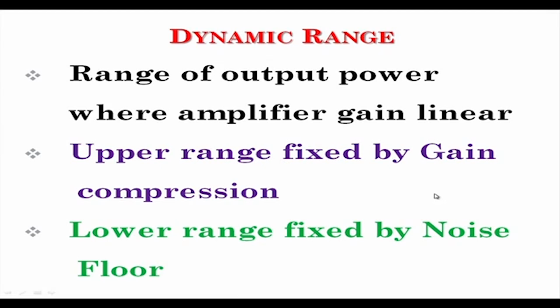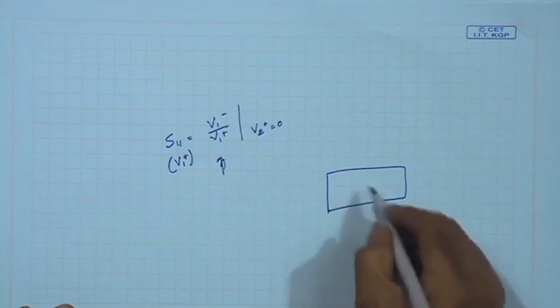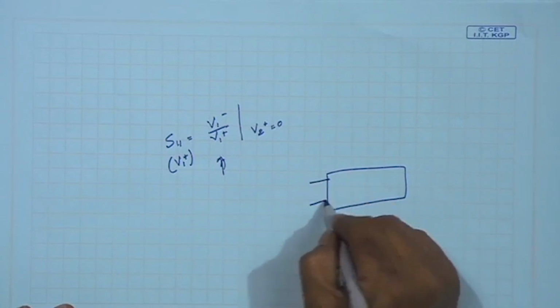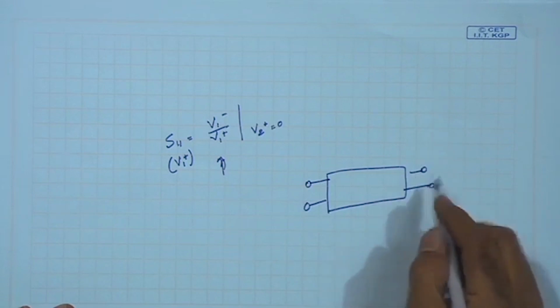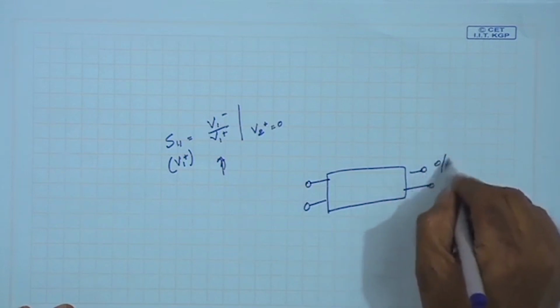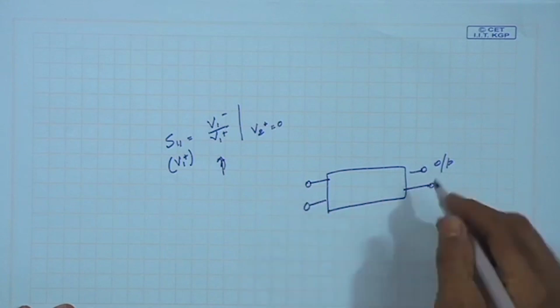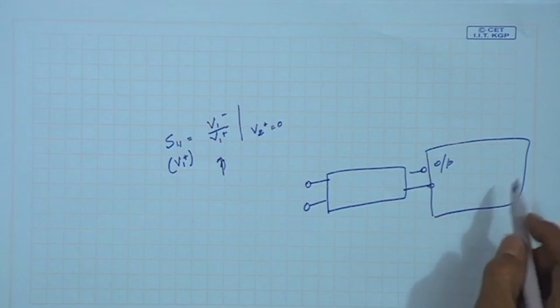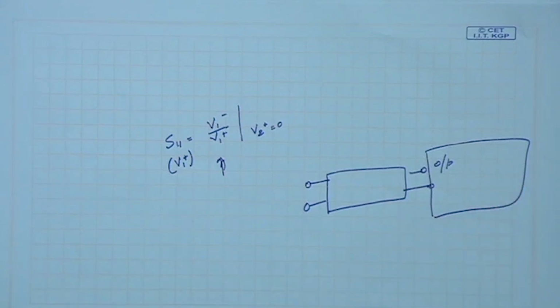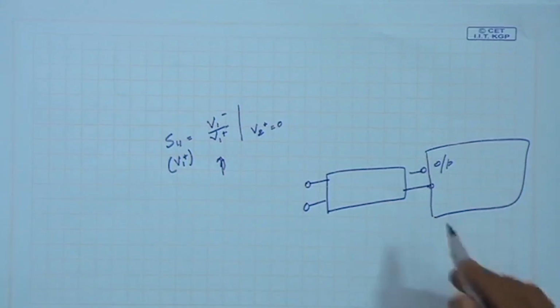Even if you do not give any input to a two port network, suppose I have a two port network and I am not giving any input here, but I have connected the output to an oscilloscope or spectrum analyzer, a measuring device.